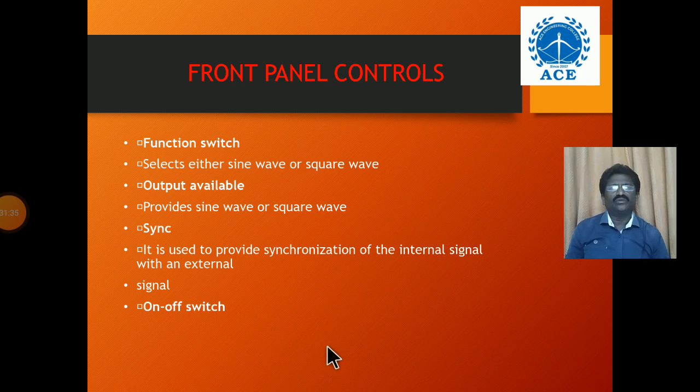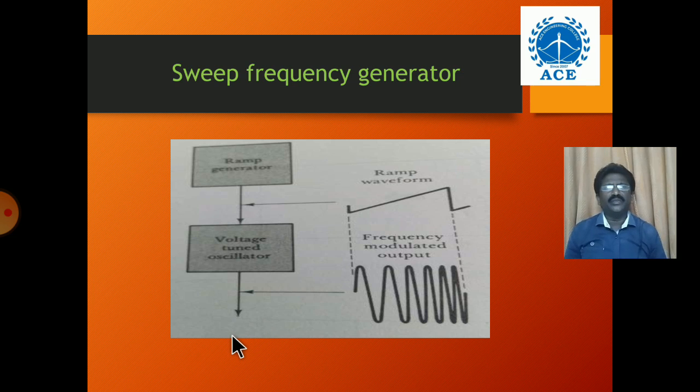Now I am going to explain the sweep frequency generator. This is the block diagram of the sweep frequency generator. This block has a ramp generator and a voltage tuned oscillator.